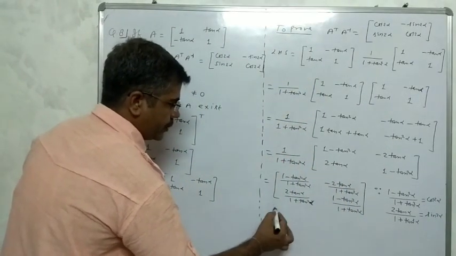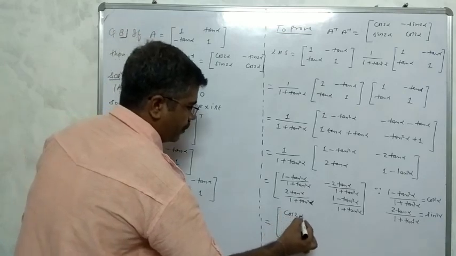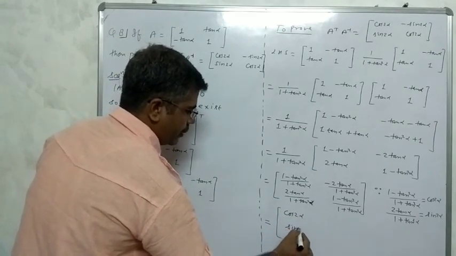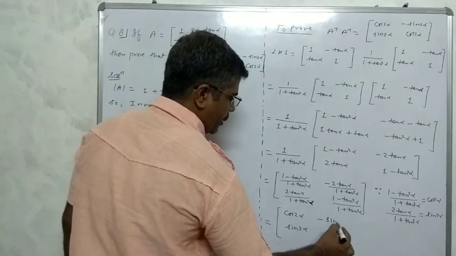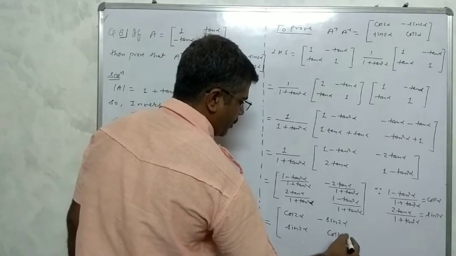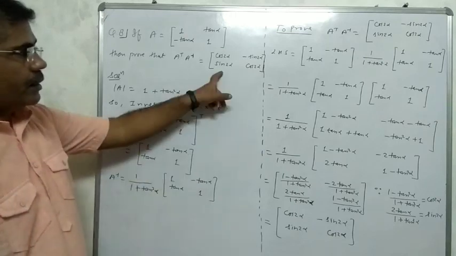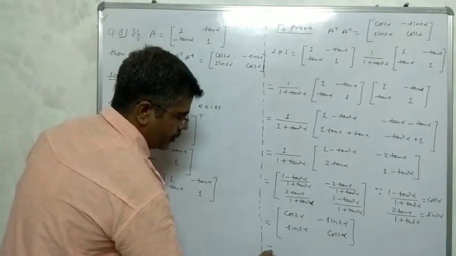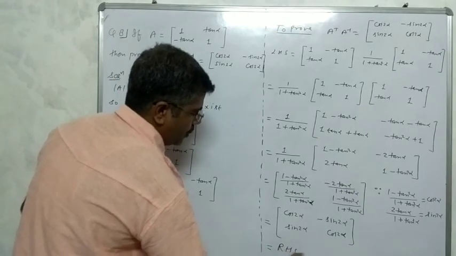So we write here [cos 2 alpha, sin 2 alpha; minus sin 2 alpha, cos 2 alpha]. It is our RHS. Hence proved.